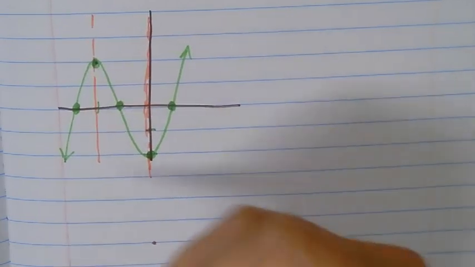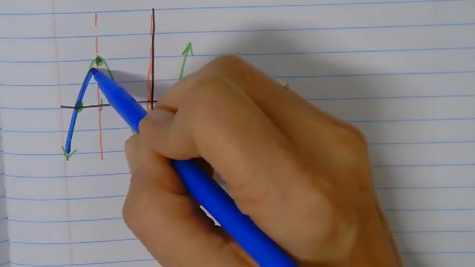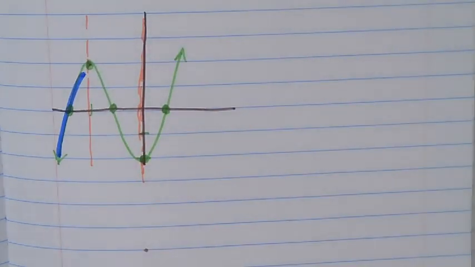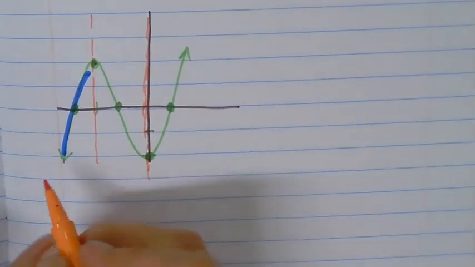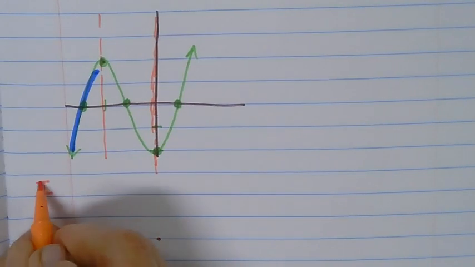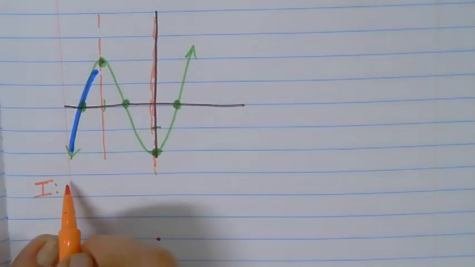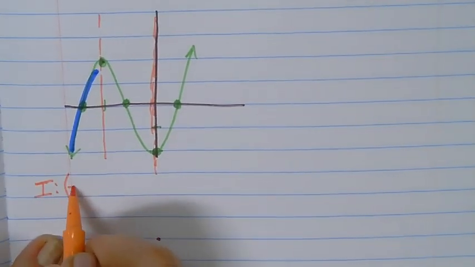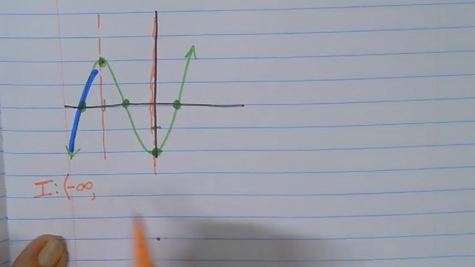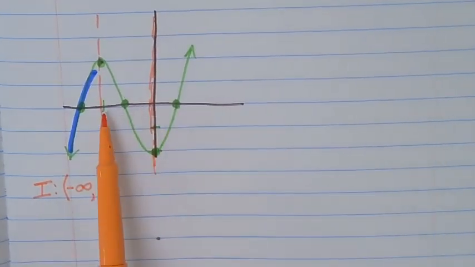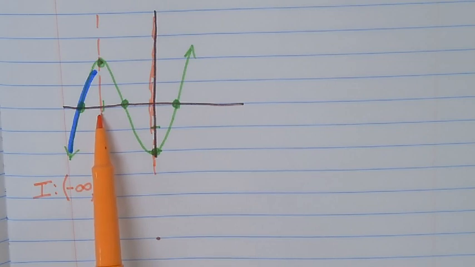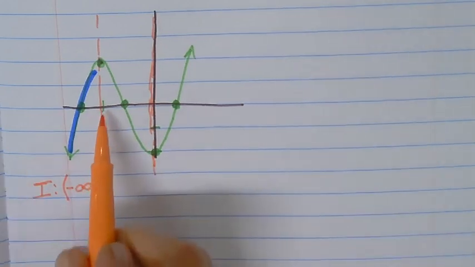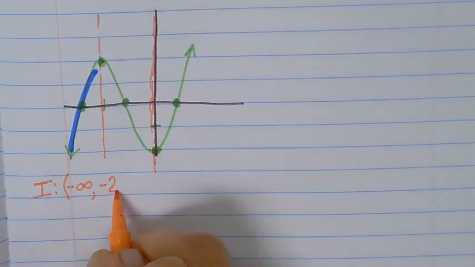Increasing or decreasing? Increasing, right? I'm just going to put an I for increase. So we're increasing from negative infinity to here, which is what? Negative 2, right? Because remember, it's the x value that we're talking about.